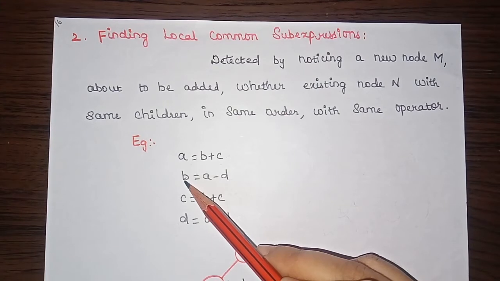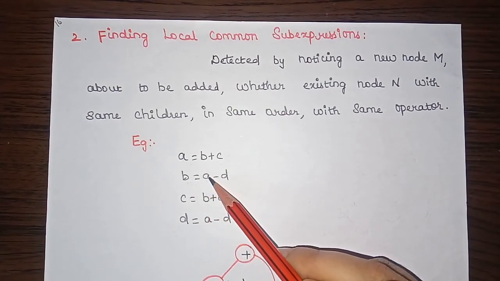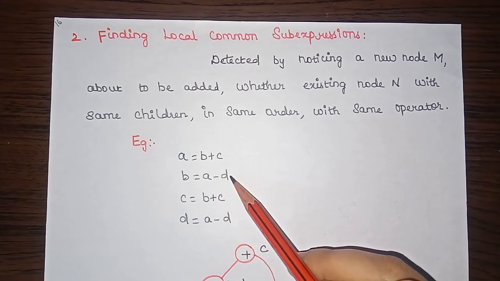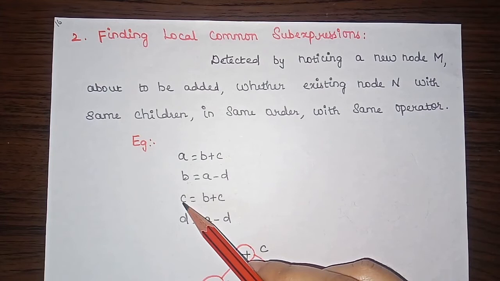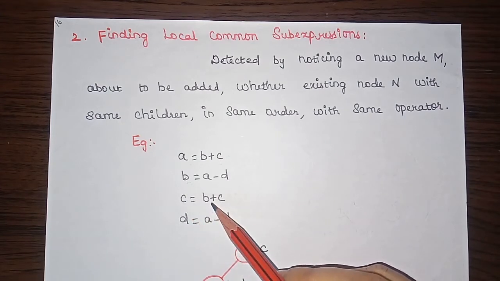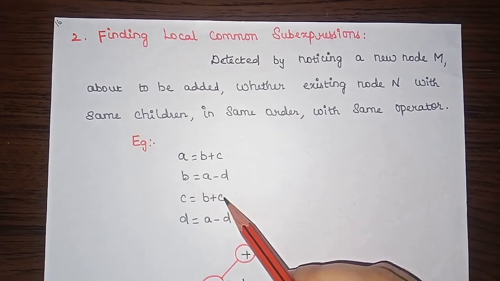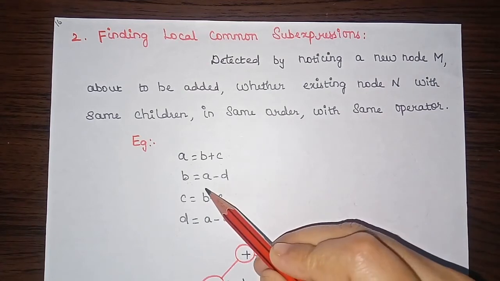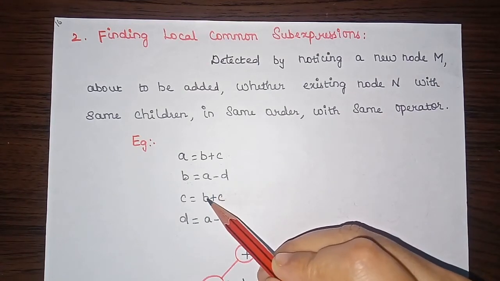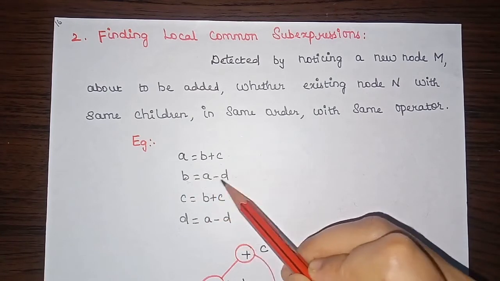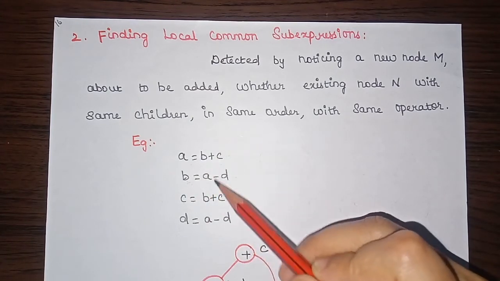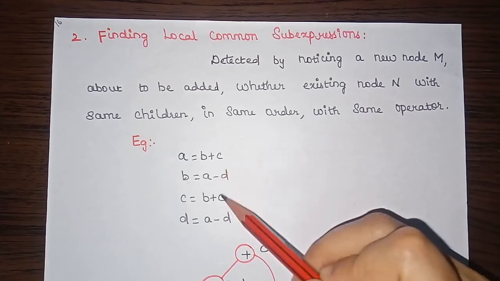So when we are calculating the value of b, the b value varies based on the values of a and d. Likewise, in the third statement we are calculating the value of c by adding b and c. Here the value of b has actually been changed by the previous statement, so this expression and that expression are not common expressions.